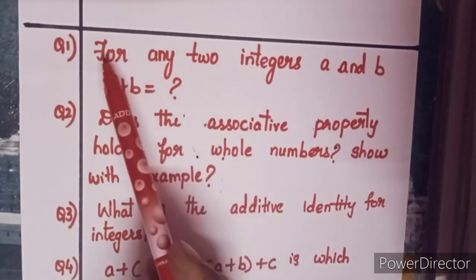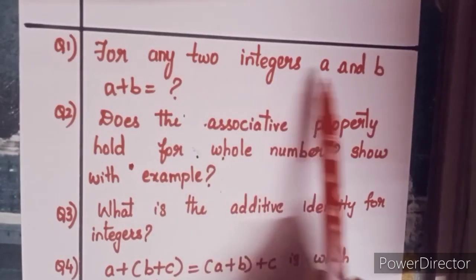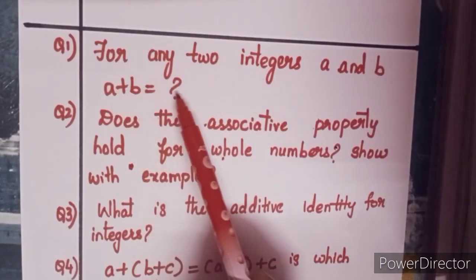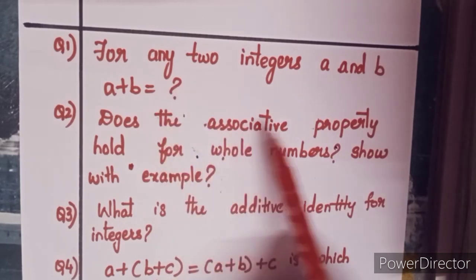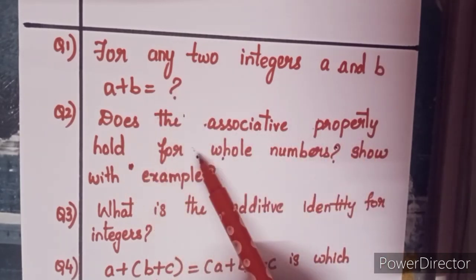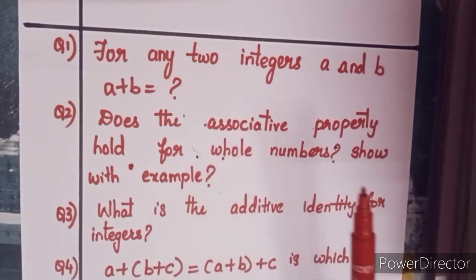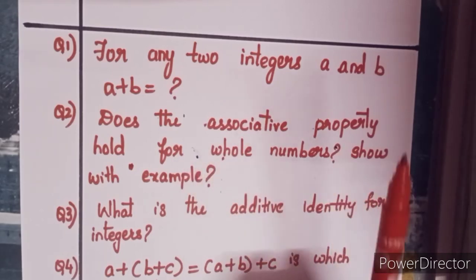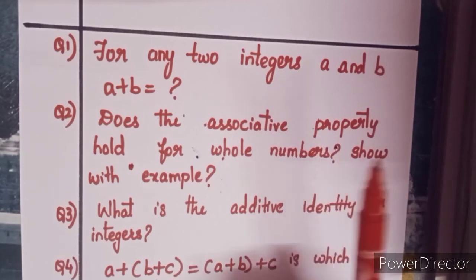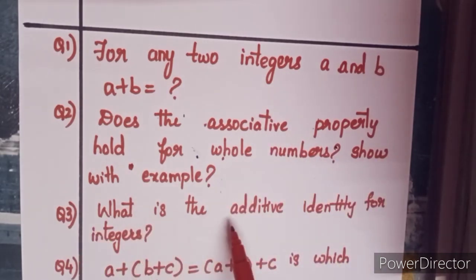Go through and write the answers for the following questions, children. For any two integers a and b, a plus b equals what? Does the associative property hold for whole numbers? Show with an example, children. Take any numbers, positive, negative, any numbers. Take your own numbers and show it.